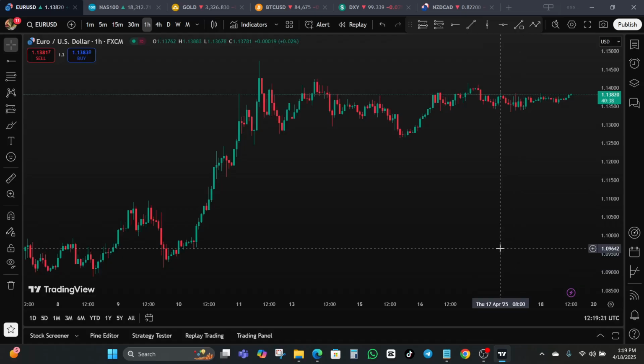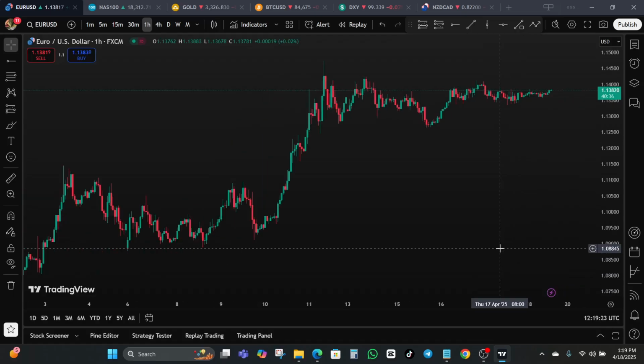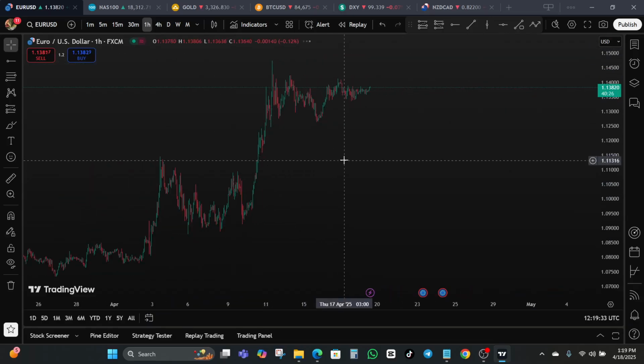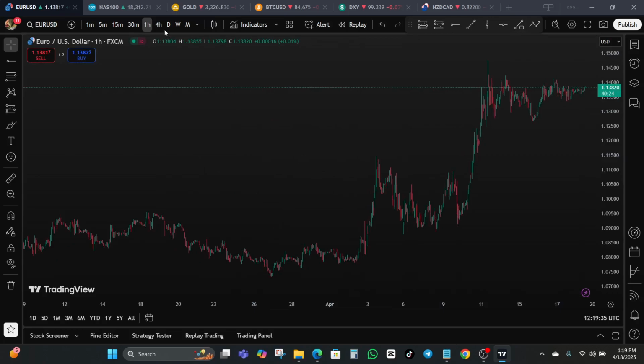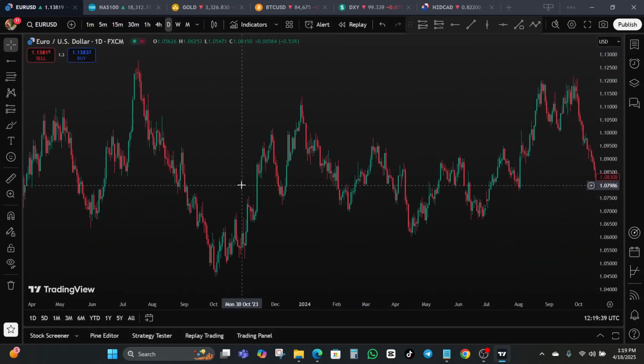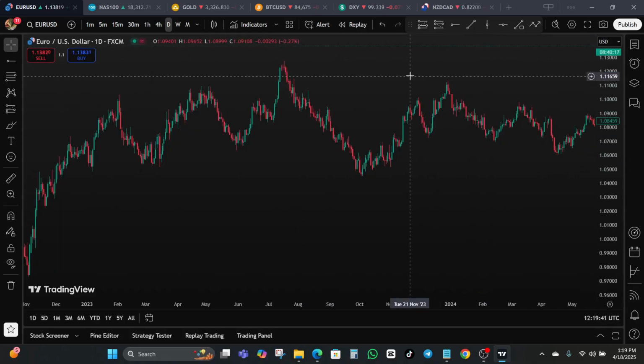Now, what is a reversal? Let us understand what a reversal means. A reversal is when the market shifts from one clear trend direction to the opposite. It's very simple, the way it sounds, that is how it is. What does it mean for something to reverse? Before, you are in a buy trend. Let's be very practical. This is the daily.